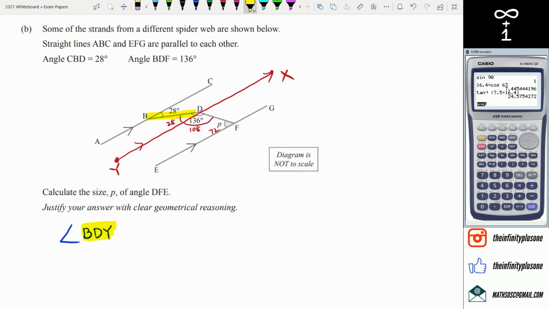So that's this angle here. And I can see that that's equal to 28 degrees because it is alternate angles in parallel lines, and they're equal. So that's the first thing.